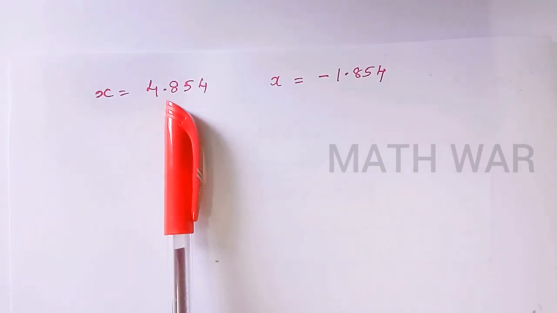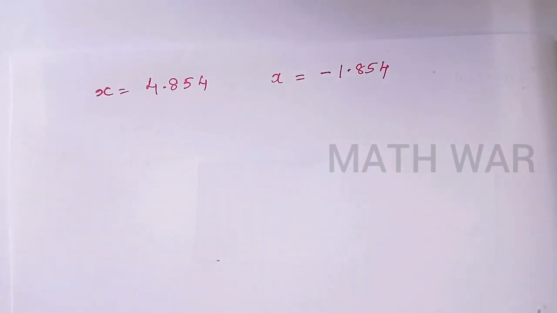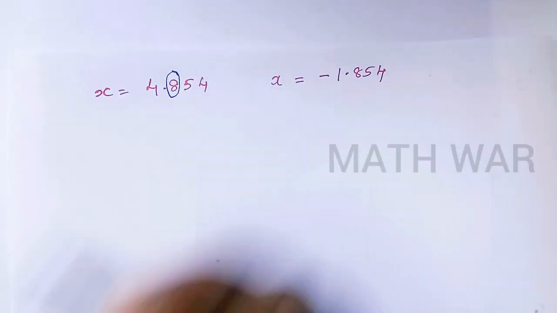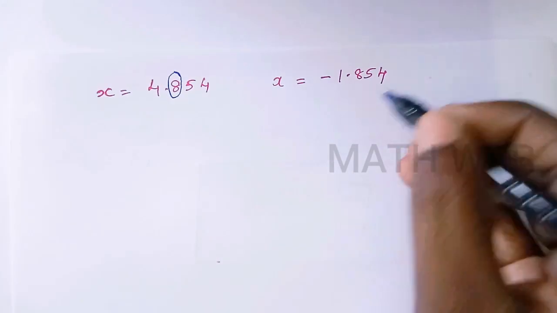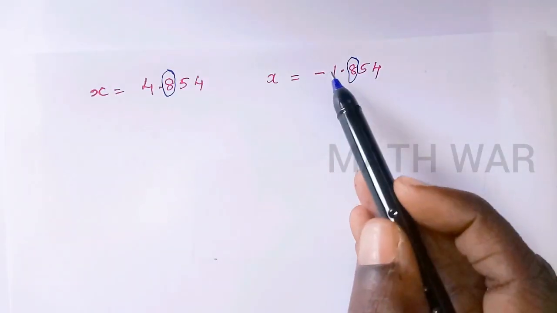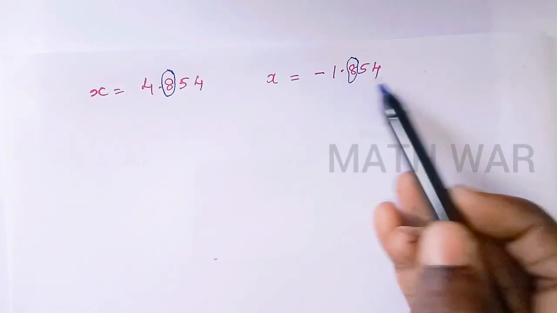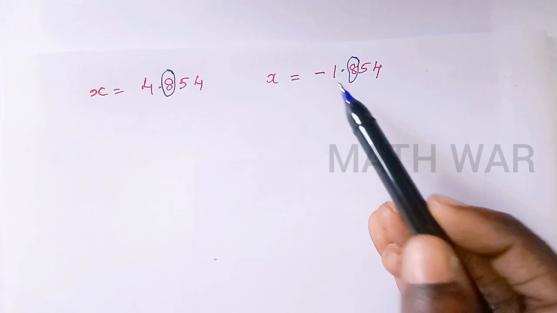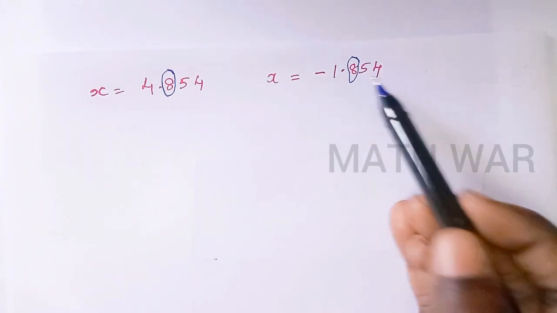So the number 8 is the second digit here. This only we are going to correct. Here the second significant figure is the same 8 because we don't have zeros. Even if you remove the decimal, 1854, the second digit is 8 only. So here too the second significant figure is 8.